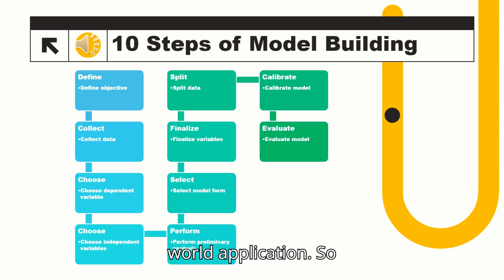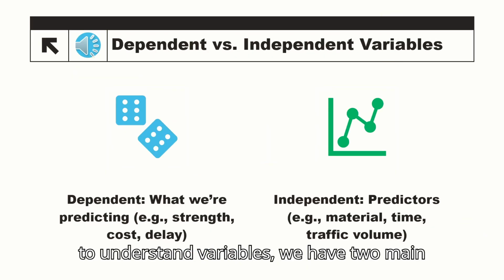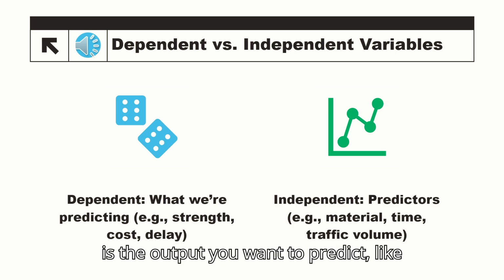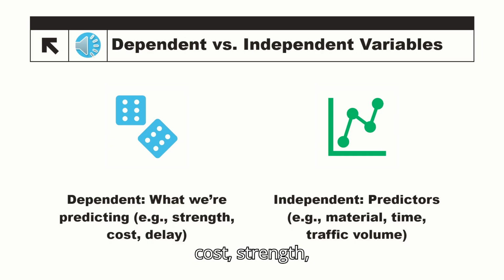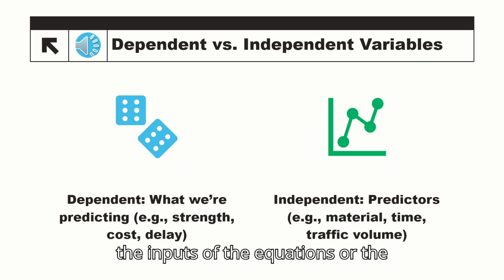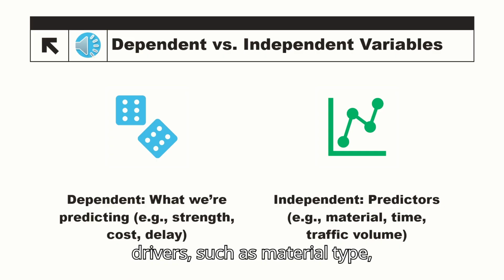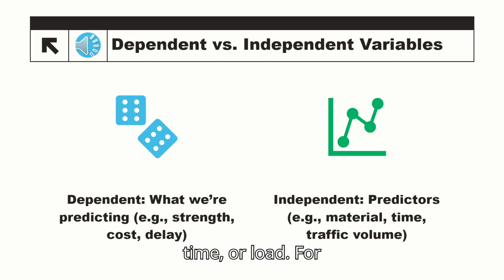So, to understand variables, we have two main types. We have dependent variables, which is the output you want to predict, like cost, strength, travel time, you name it. And the independent variables, which are the inputs of the equations or the drivers, such as material type, time, or load.